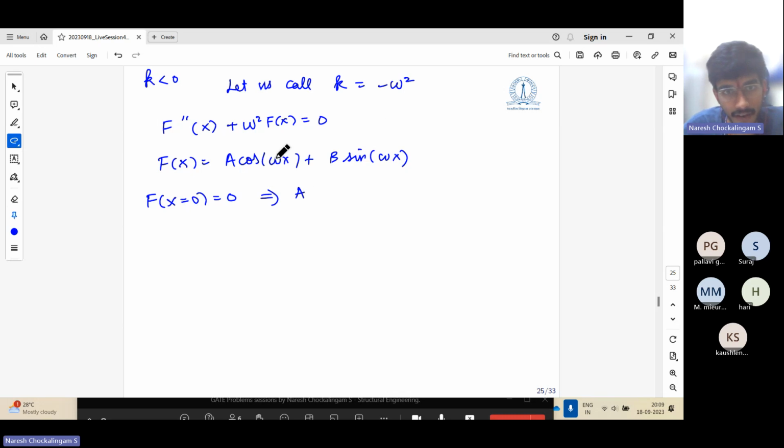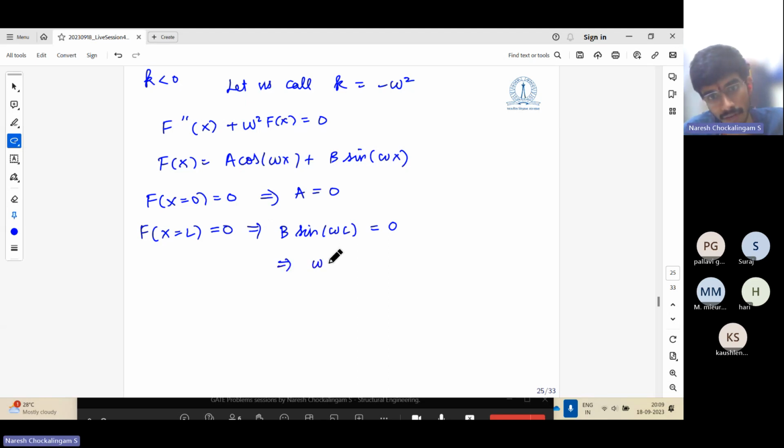So a cos 0, which is 1, means a is equal to 0. And what about the other boundary condition? f of x equal to L is equal to 0. A is already 0. So we get b sine omega L is equal to 0. What does this mean? Omega is equal to n pi by L for n equal to 1, 2, and so on.